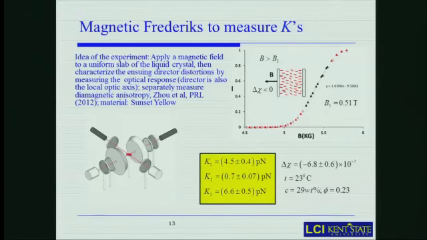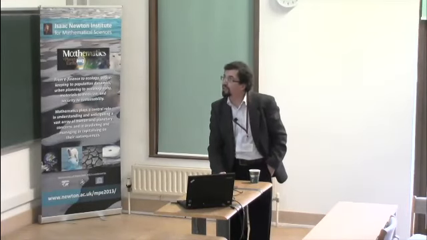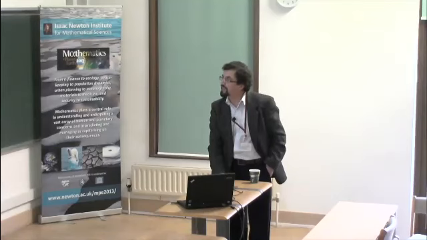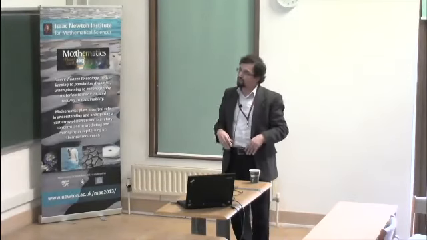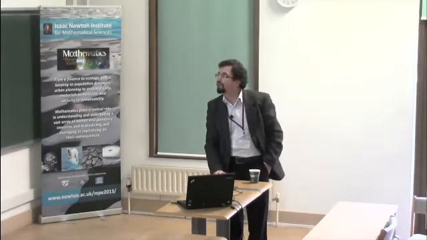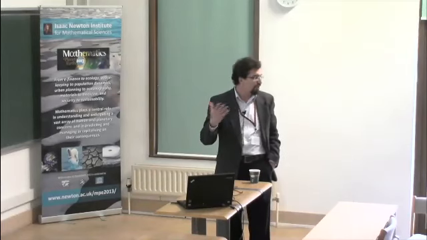You can extract the force with which the liquid crystal resists this realignment, and that would give you some idea about the elastic constant. Not just some idea, it gives you a very accurate measurement of the elastic constants. And here you see an example for the elastic constants of splay, twist, and bend. Those are three bulk distortions of the director. They're of the same order of 10 piconewtons.